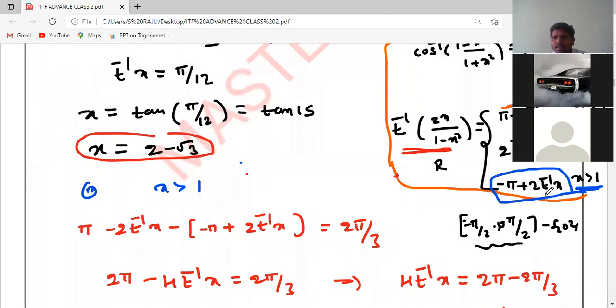Finally, the output should belong to minus 90 to plus 90 degrees. I hope everyone has that graphical representation of inverse trigonometric functions.